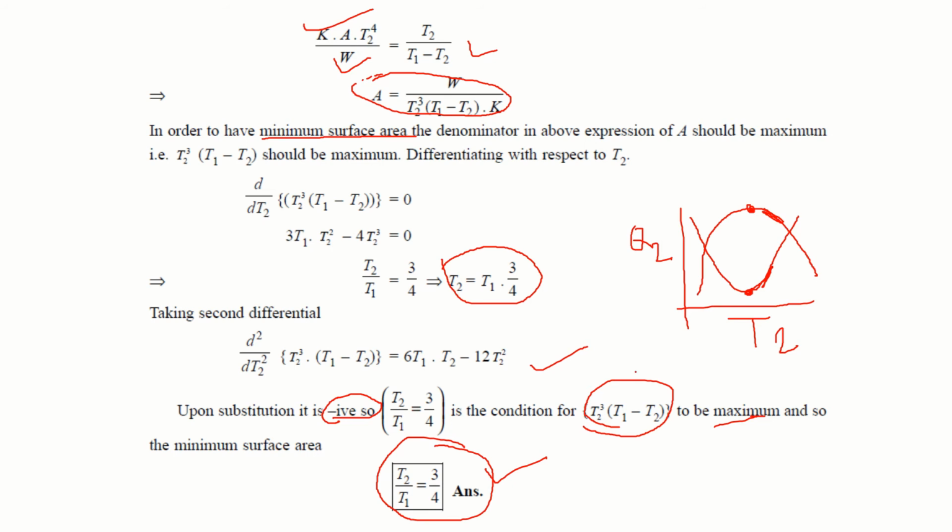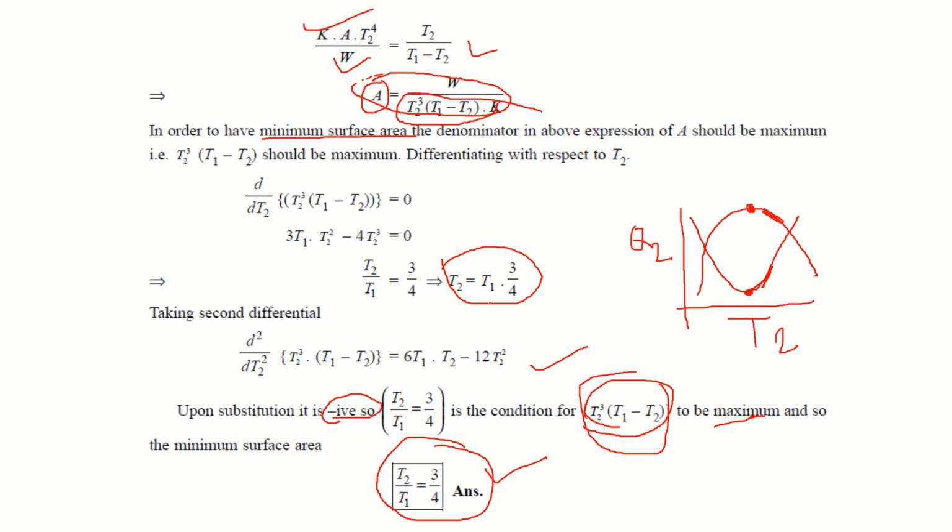That is what it is. You can also see here, this should be minimum so that this should become maximum. So it is very clear, when you have done d by dT2, you have got this point.